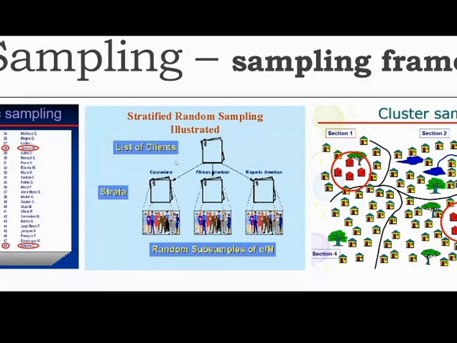Another good example is a high school or junior high school. In the junior high school population of, let's say, Southwestern, what are the major strata you can identify? Can you guess? Strand, sir.